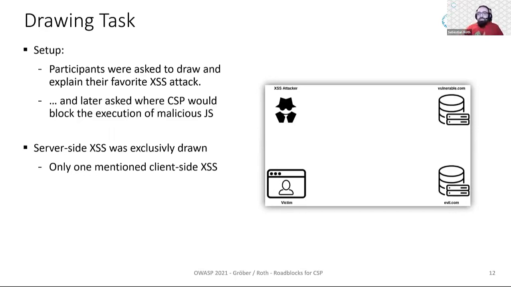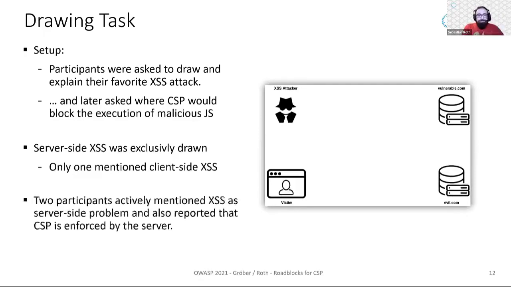So it seems that the server-side presence of the vulnerability is far more prominent in the heads of our participants than the client-side version. 2 participants actively mentioned cross-site scripting as a server-side problem and concluded that CSP is therefore enforced on the server side, which not only shows a misunderstanding of the mechanism itself, but also a misunderstanding of the underlying security issue.